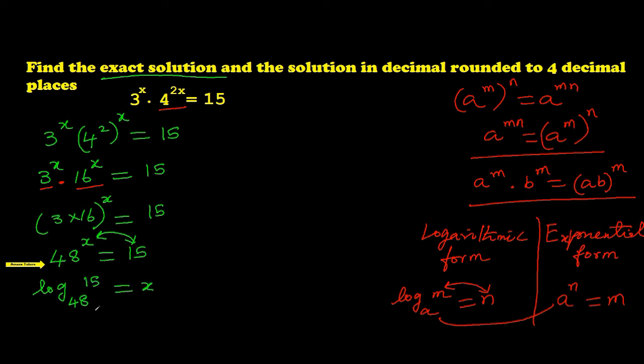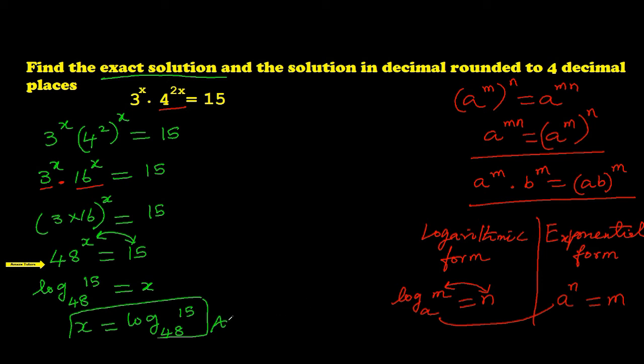That's all. Now let me rewrite this question because I want x on the left side. So the exact solution of this question is x equals logarithm of 15 to the base 48. This is the first part of the answer.